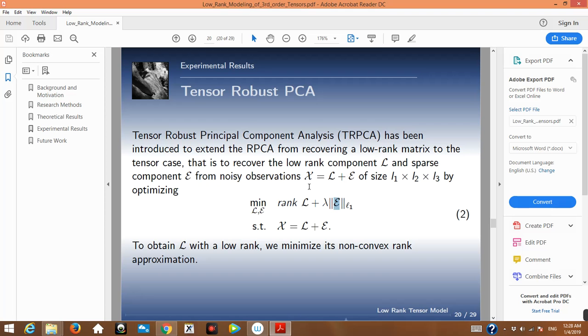In this way, we can separate the original tensor X into the summation of L and S. L is low rank, S is sparse.